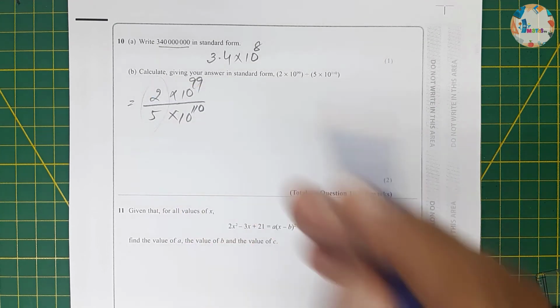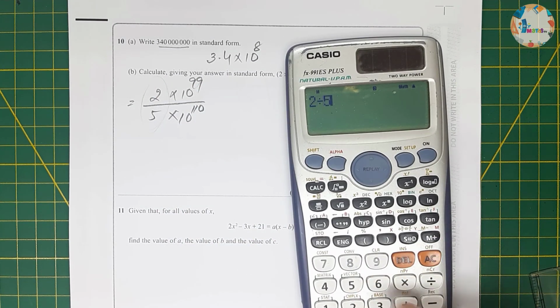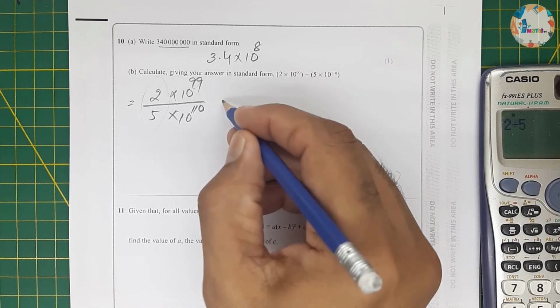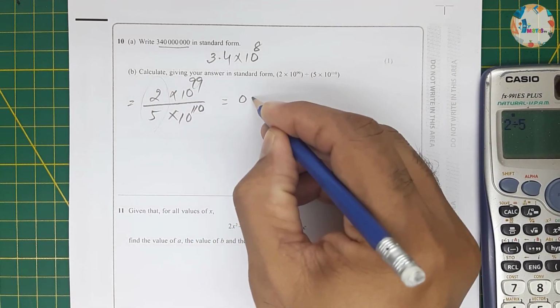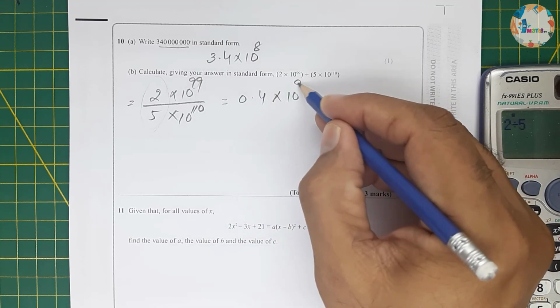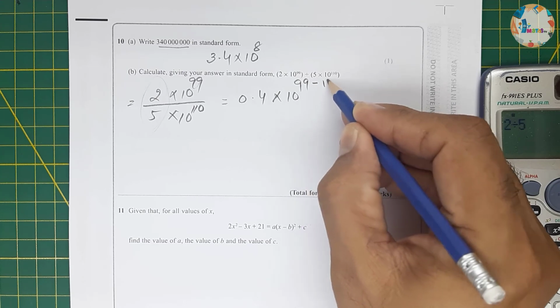For example, 2 divided by 5 will be equal to 0.4. So we can write it as 0.4 times 10 raised to the power 99 minus 110.